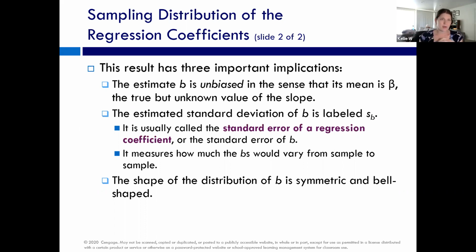So if we took plant data from different months and ran the same regression equation, we get different values of B each time. So we're trying to figure out how much those slopes vary. If they vary wildly from sample to sample, that's bad. That's telling us that our regression equation is probably not very good.